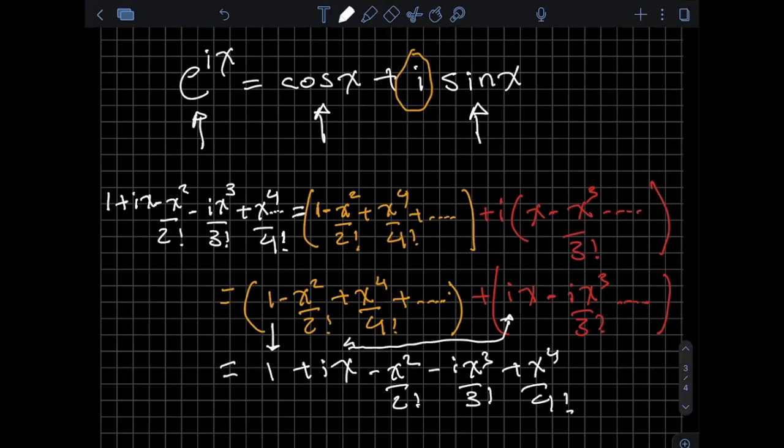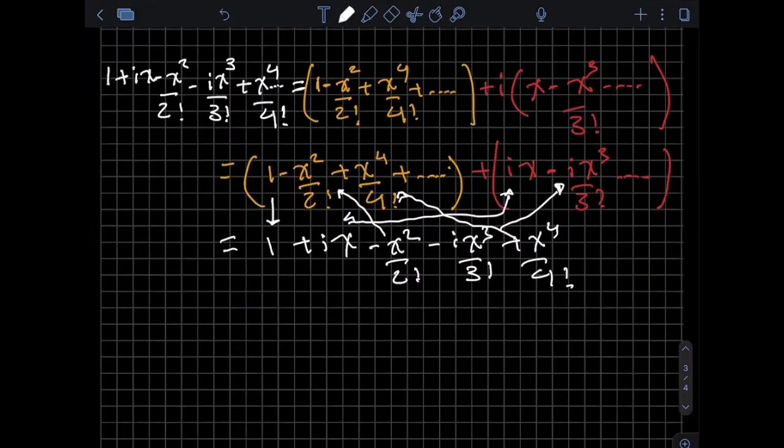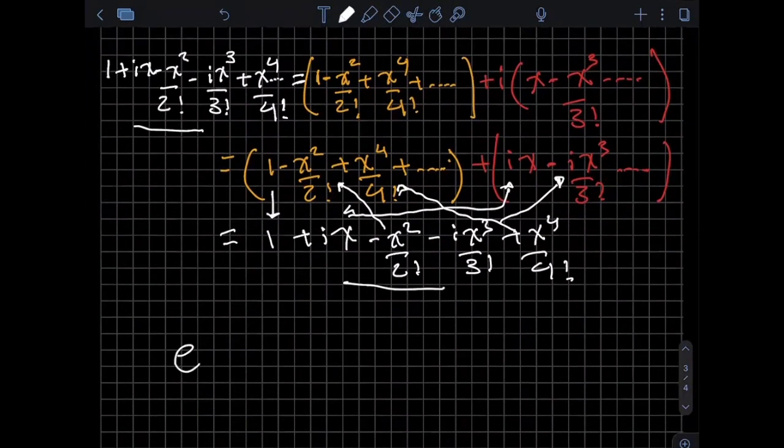Then I wrote this one, and then I get ix cubed over 3 factorial from here, and finally this one is from here. So you can see that the left hand side and the right hand side are equal. So we proved that e to the power of ix is equal to cosine x plus i sine x.